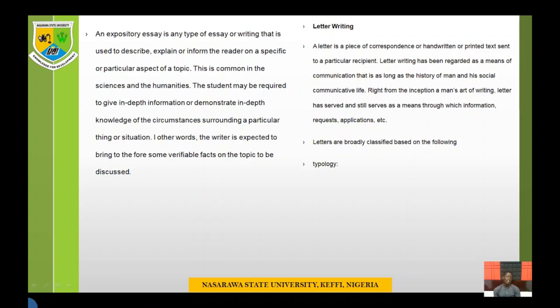Right from the inception of a man's art of writing, letter has served and is still serving the purpose or the means through which information, requests, applications, and the rest can be achieved.